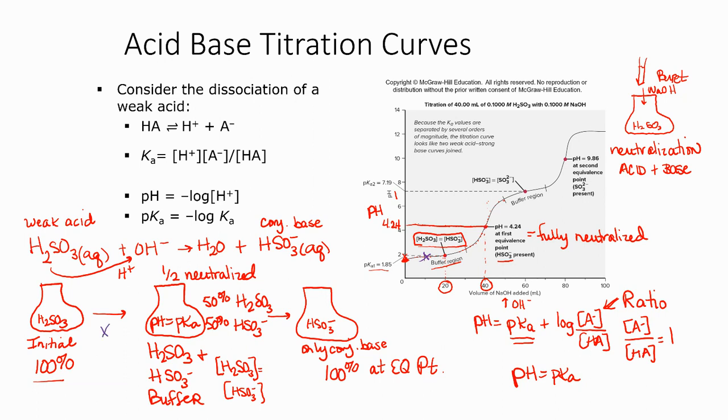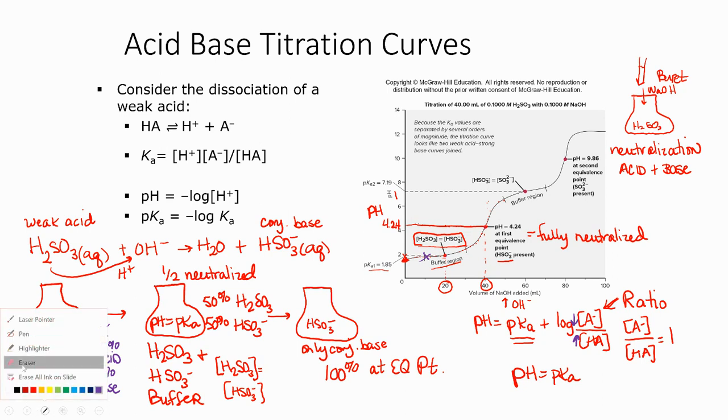Maybe just roughly, it kind of looks like I'm at 75% acid, 25% base. Now notice that in that case, we are going to have more acid and less base. So in that case, we're going to see that the pH is less than the pKa.